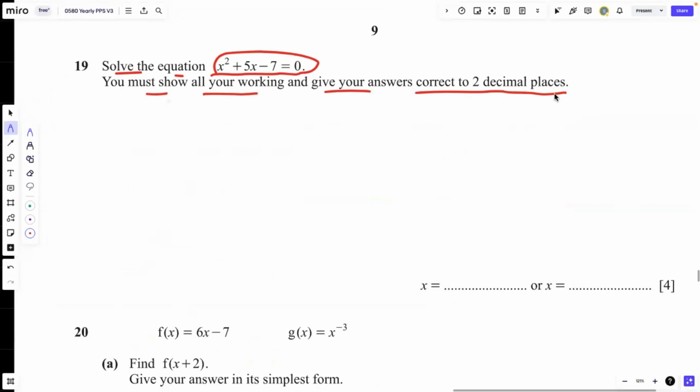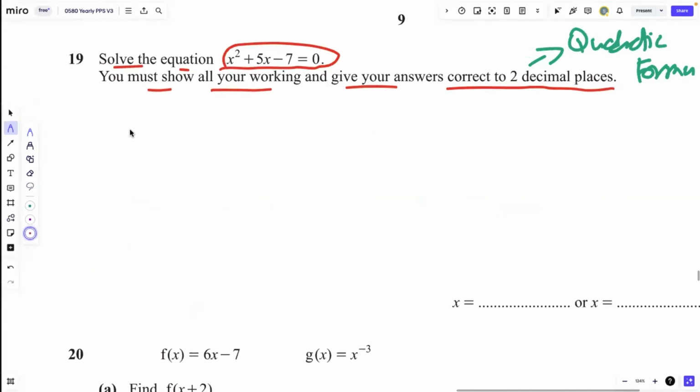Now, the last phrase, correct to two decimal places, is actually giving you a hint that you have to use the quadratic formula, because only then are you more or less likely to get answers in decimals or non-exact answers for that matter. So you go for the quadratic formula straight away instead of trying middle term breaking or other methods.